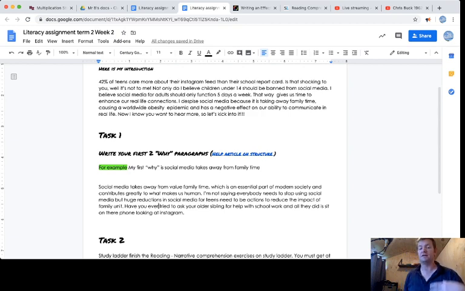So that's an example, and now I'm going to use the explanation of why that impacts. This impacts the family unit in many ways.